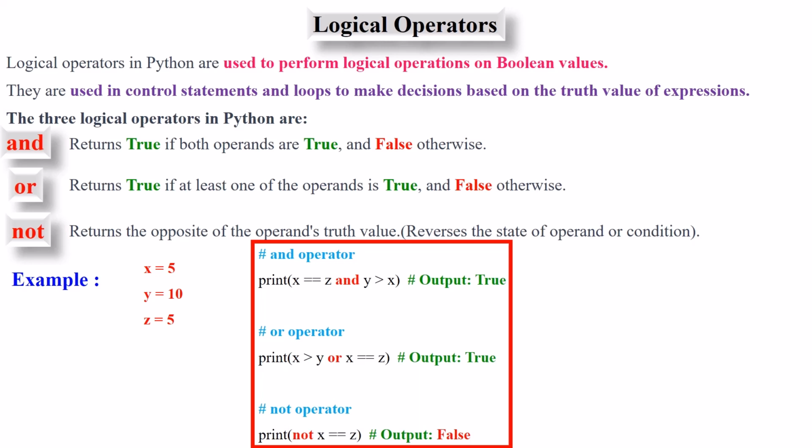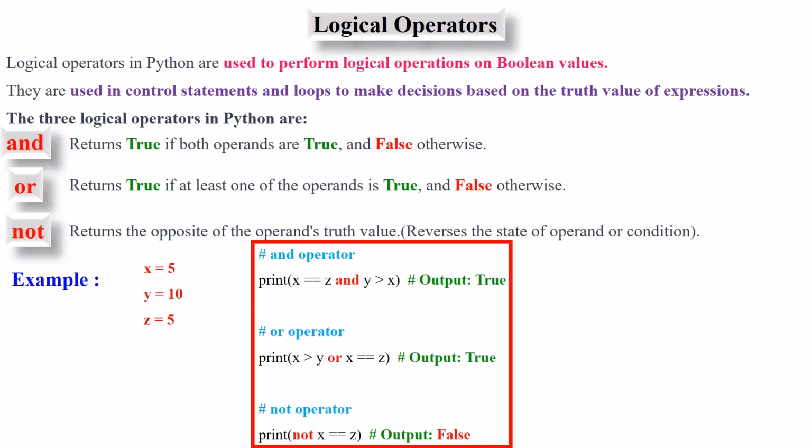Here are some examples of using logical operators. In the given example, it assigns the values 5, 10, and 5 to the variables x, y, and z, respectively. In the first print statement, the and operator returns true if both operands are true, and false otherwise.